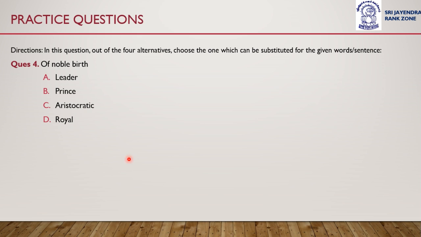Question number 4. Of noble birth. Which of the four alternatives can be substituted for the given phrase? Of noble birth. Option A, leader. Option B, prince. Option C, aristocratic. Or option D, royal. Which of the four options can be used to substitute the phrase of noble birth?